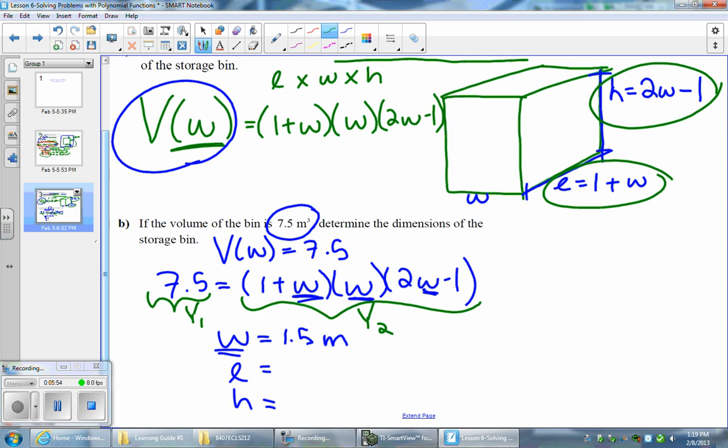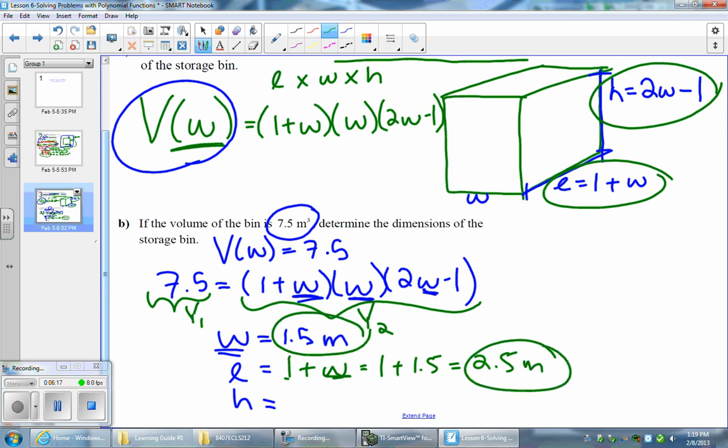So let's start with length. Length we know was 1 plus w. Since we know what w is, we plug it in. 1 plus 1.5 gives me a value of 2.5 meters. Hence, that is the length. So far we have the width and the length, and our final dimension is the height. The height is represented using 2w minus 1.